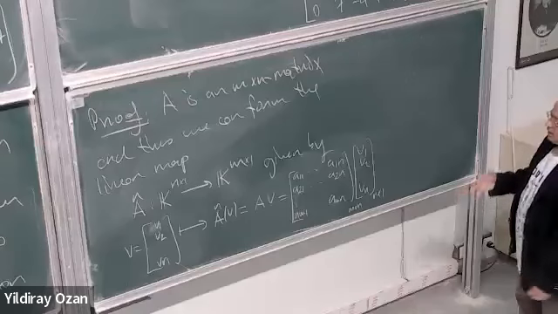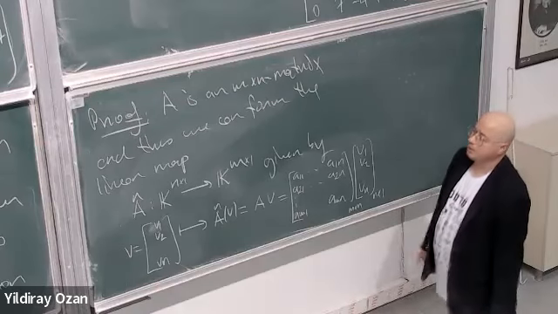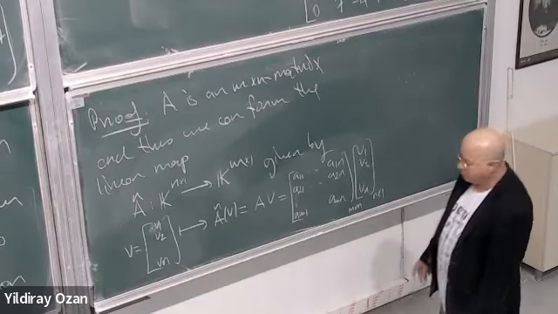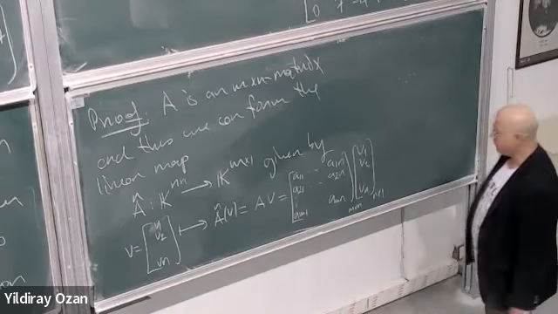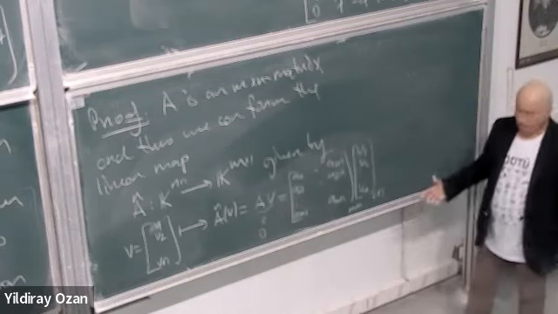Now, what is the solution set of this system AX equals 0? I want vectors V so that this is 0, right?